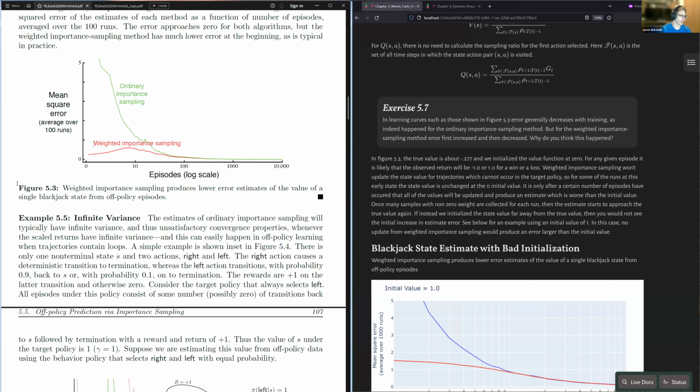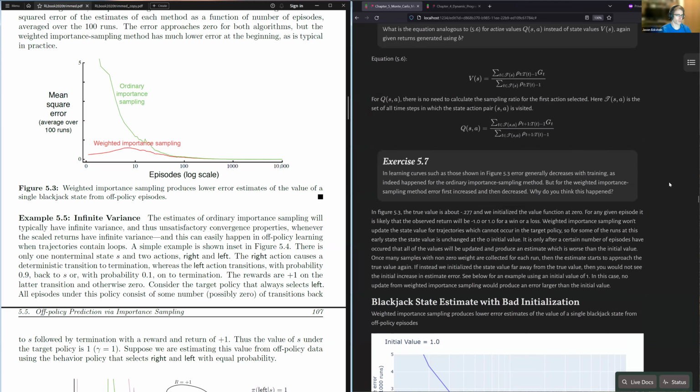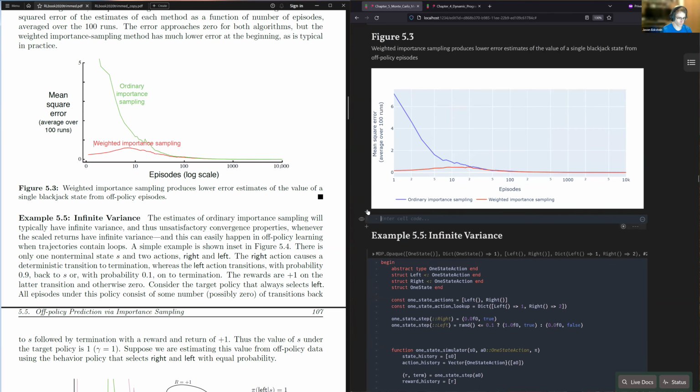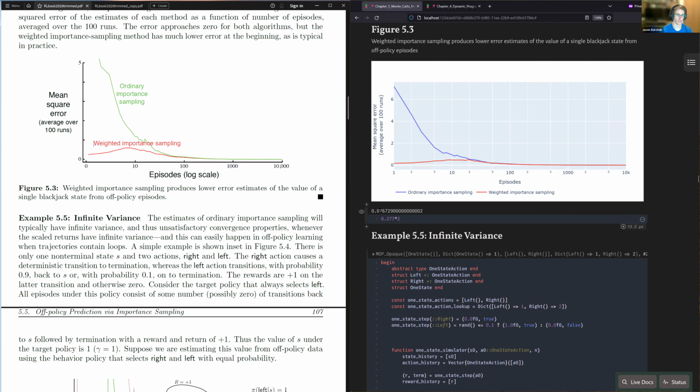And they just happen to be initialized at a value of 0, which is not very far away from the true value of negative 0.277. In fact, if you calculate the mean squared error of this, it's basically 0.277 squared, which is not that high. It's 0.076, whereas this value is 0.168.